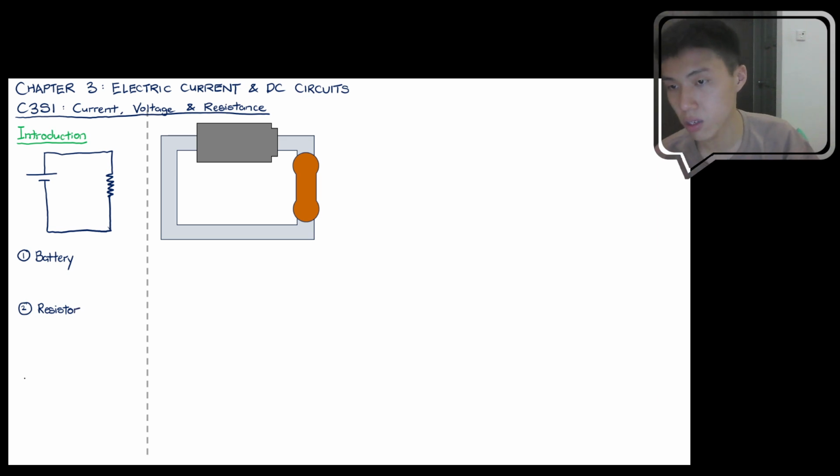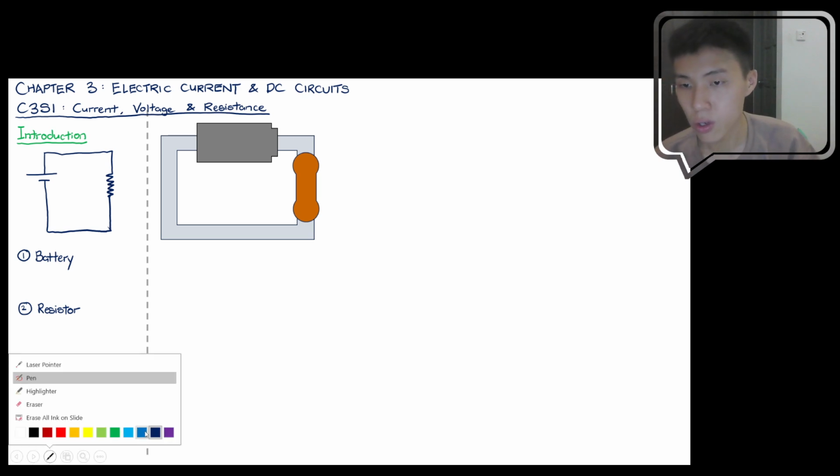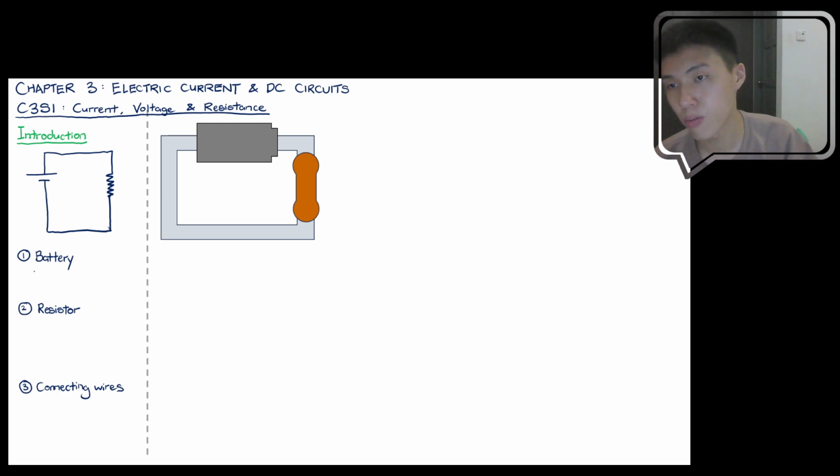Then the third is connecting wires. The purpose of the battery is to be the energy supplier, so it supplies energy.